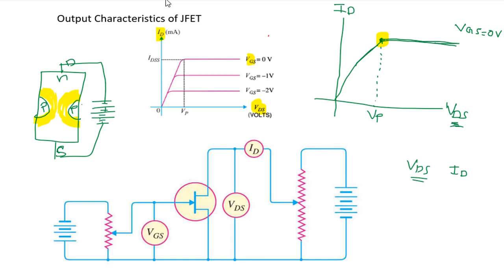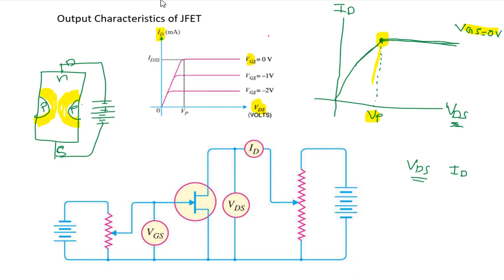So then further ID cannot increase, and ID remains a constant. So this potential is said to be Vp. So pinch off voltage Vp is the voltage above which ID becomes a constant, and this corresponds to VGS equal to 0 volt.